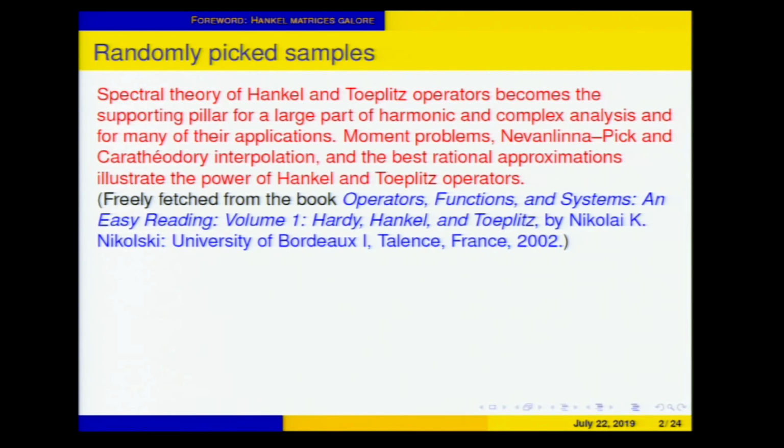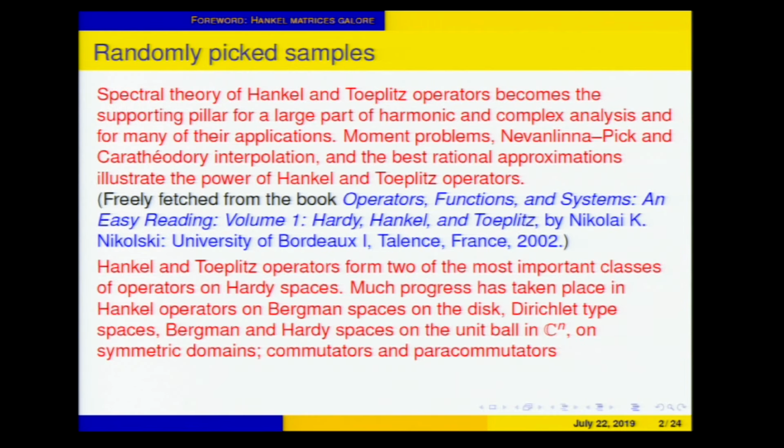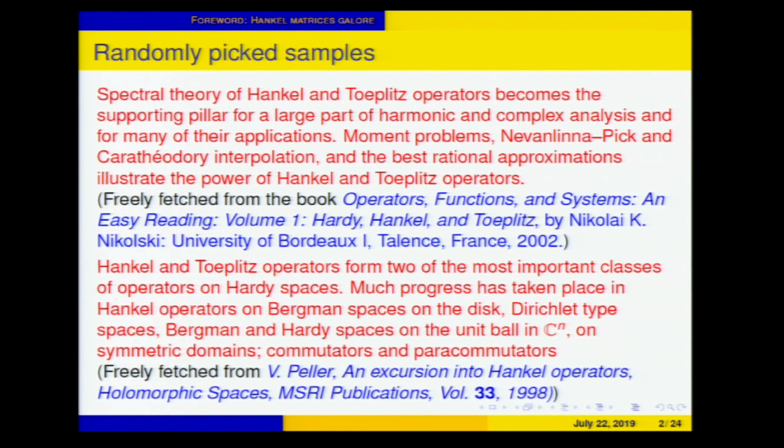I fetched this randomly from some sufficiently recent books, and again, some more commercial. So it's used quite a bit in various areas of analysis. And this is again fetched from some fairly recent book.